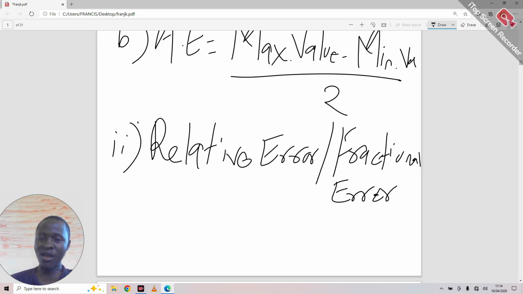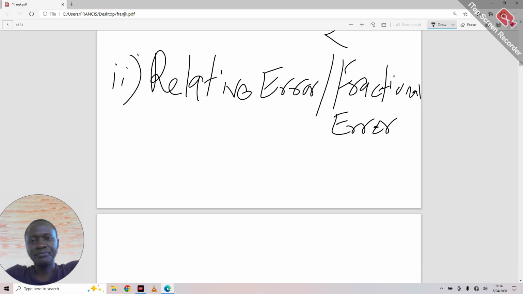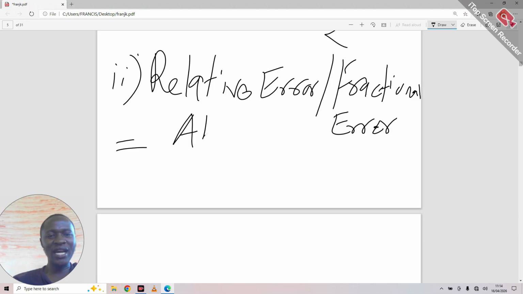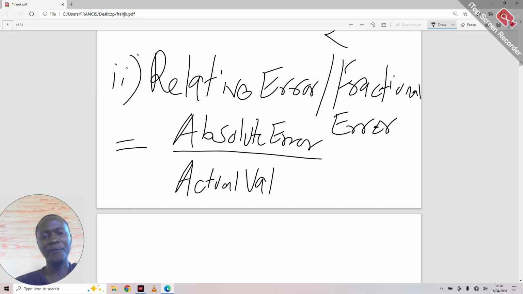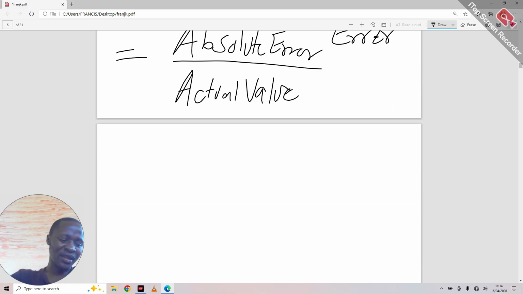No. Relative error is also called fractional error. So, how do we get relative error? Which formula is being used? You take absolute error divided by actual value. Relative error or fractional error is given by absolute error divided by actual value.